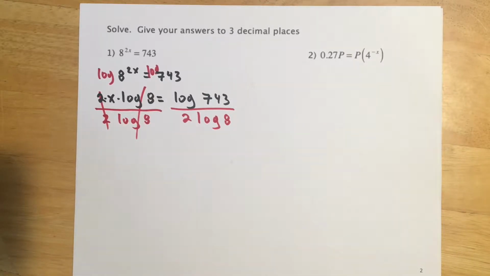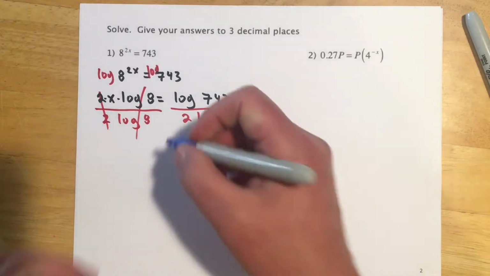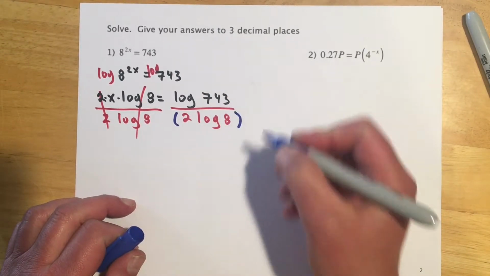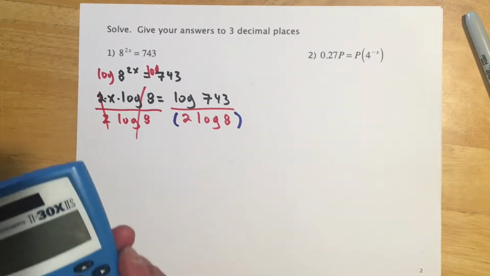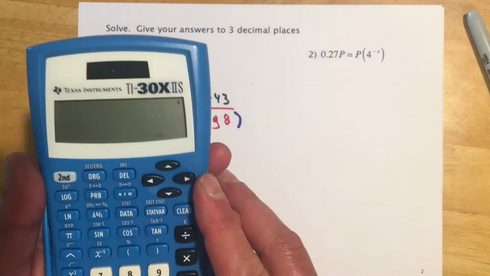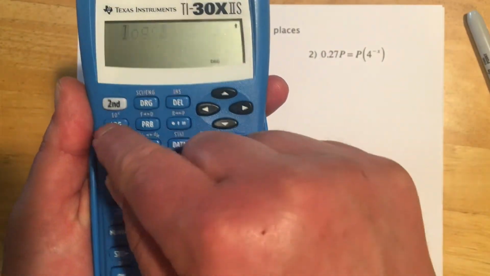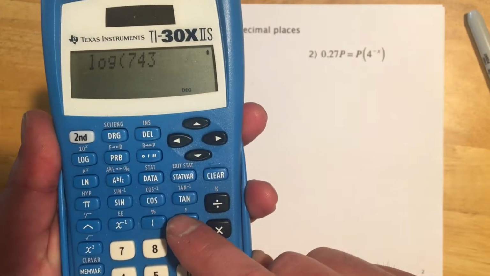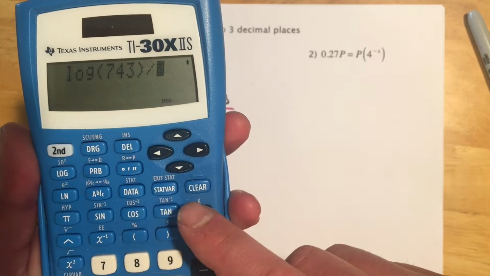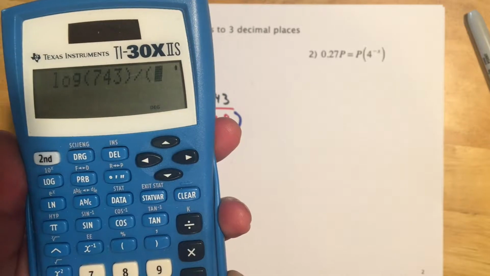When you type this, something that's really important on these problems is if you have more than one thing in your denominator, you absolutely need to type those parentheses right there. So let me show you what it would look like on this calculator. So we're going to have log of 743, and it opened a parenthesis, so I'm going to close that parenthesis and then divide by, and here's where you have to open that parenthesis, and then 2 times log 8.